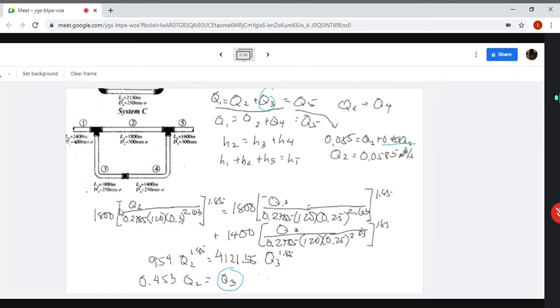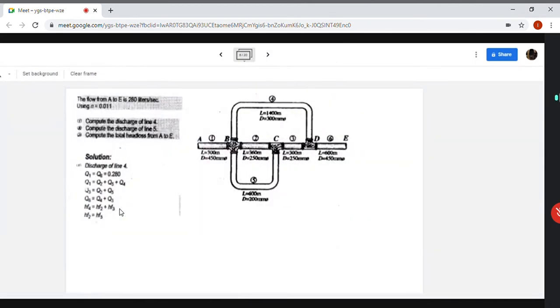So once you get Q2, we can get the head loss in 2.